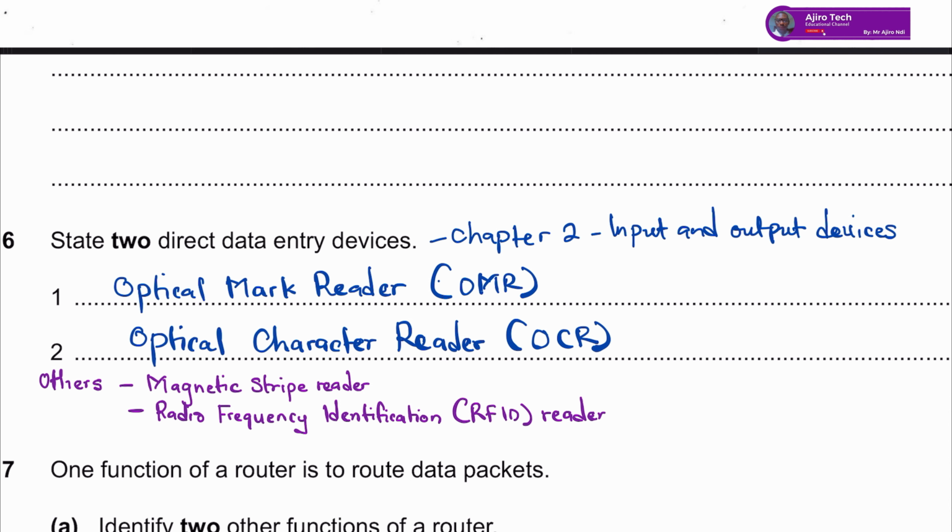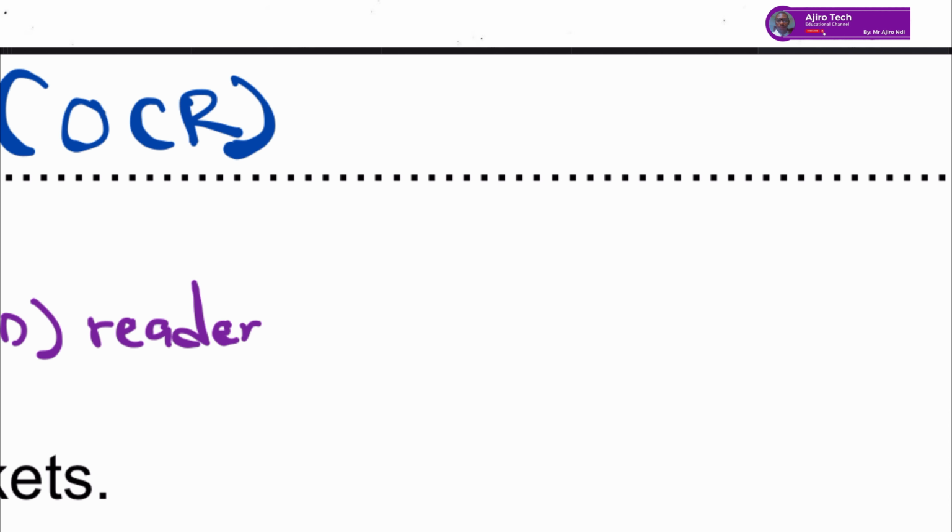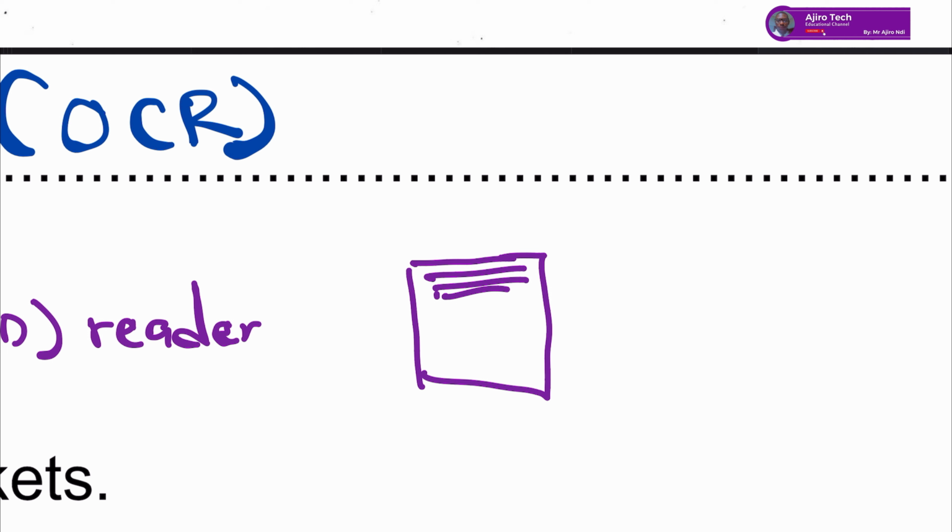There are two types. I'm not a very good artist, but I think I can probably paint a picture here. So you probably have something like this. This is like the tag.